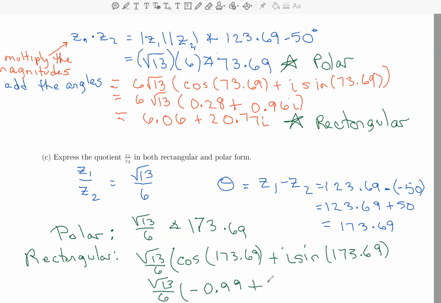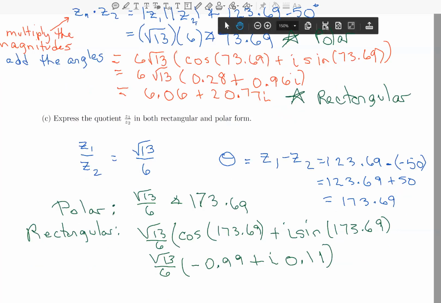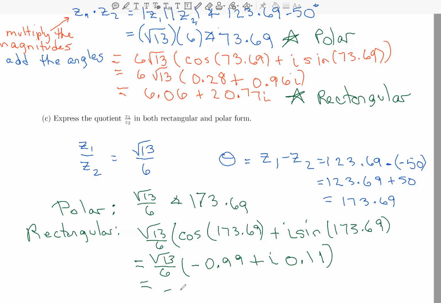Then I have plus i times 0.11. And that equals negative 0.57 plus 0.67i. And that is my final answer for rectangular.